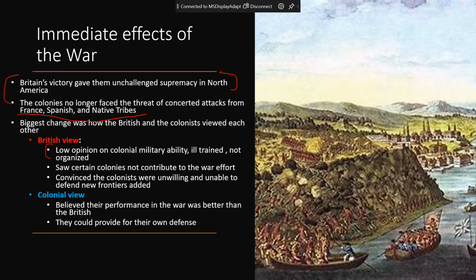And they just had a low opinion of them, as in they felt that they were not organized, they were not trained, and they felt as if they didn't contribute enough to the war effort. They were kind of seeing them as being too weak and too young to really do anything for themselves. And then they were annoyed that it felt like, from the British point of view, they were doing everything and the colonists were just there for the ride, right?